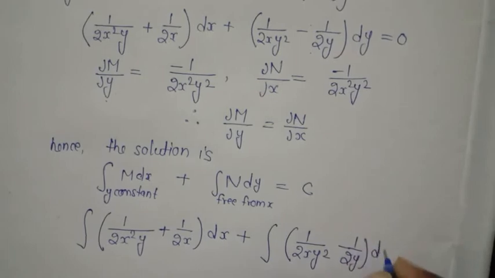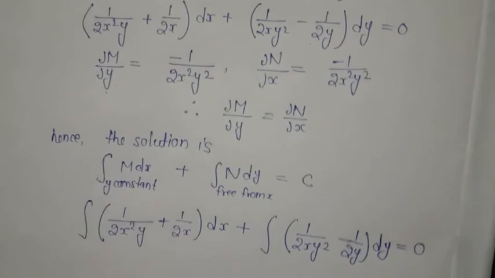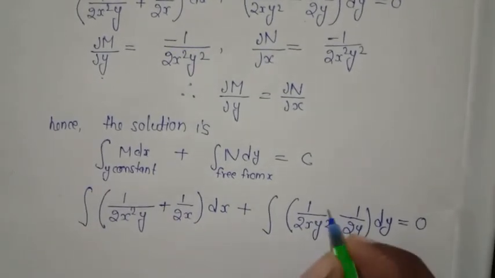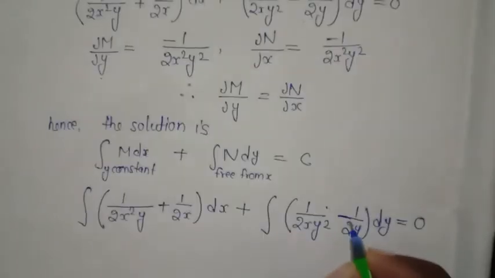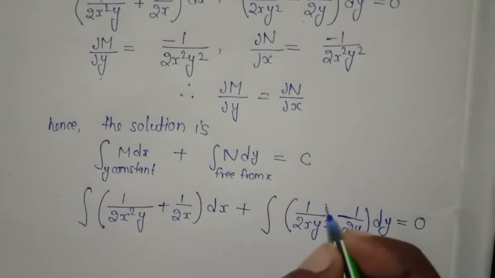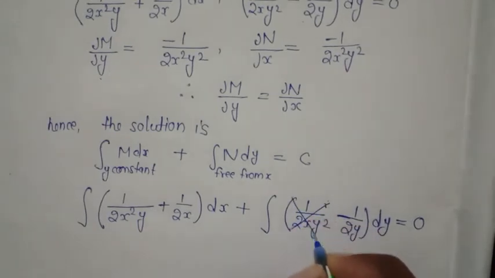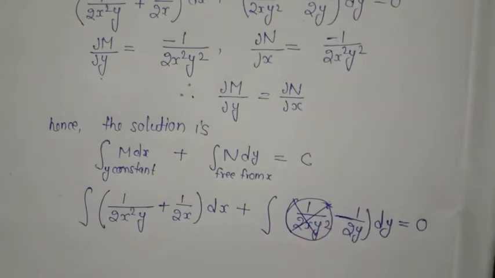Minus 1 upon 2y dy. Sorry, here we have to remove the term of x. This mistake can happen with you, but just remember that we have no need to take the terms of x. So I am removing it, and here only minus 1 upon 2y is present.